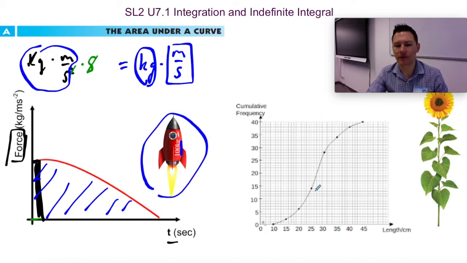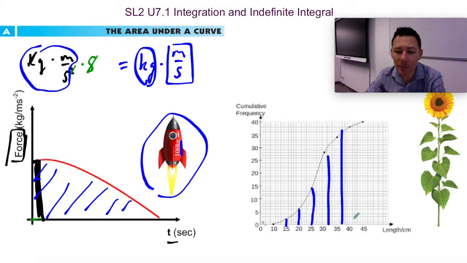Likewise, this is a cumulative frequency graph. This is the, I don't know, like the height of a sunflower, right? And you have 8 sunflowers that are 20 centimeters high and 5 flowers that are 15 centimeters high and 15 flowers that are 25 centimeters high.